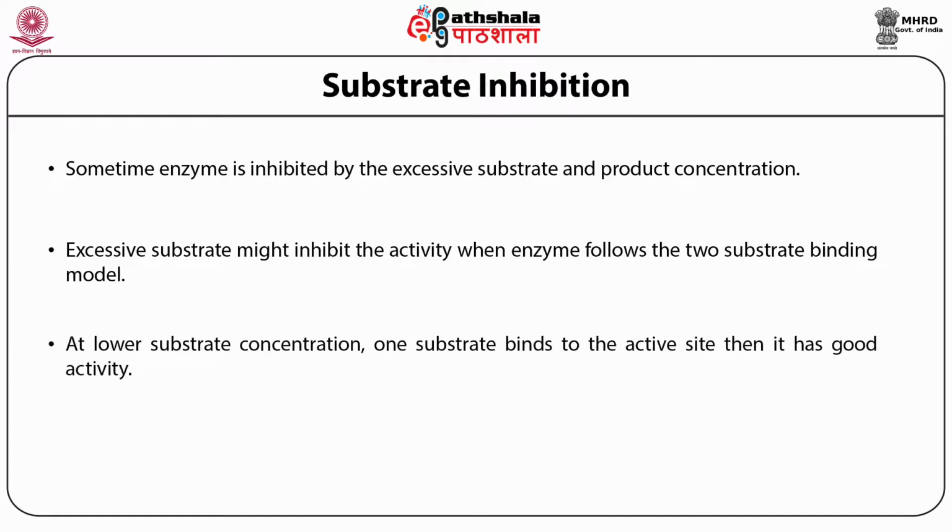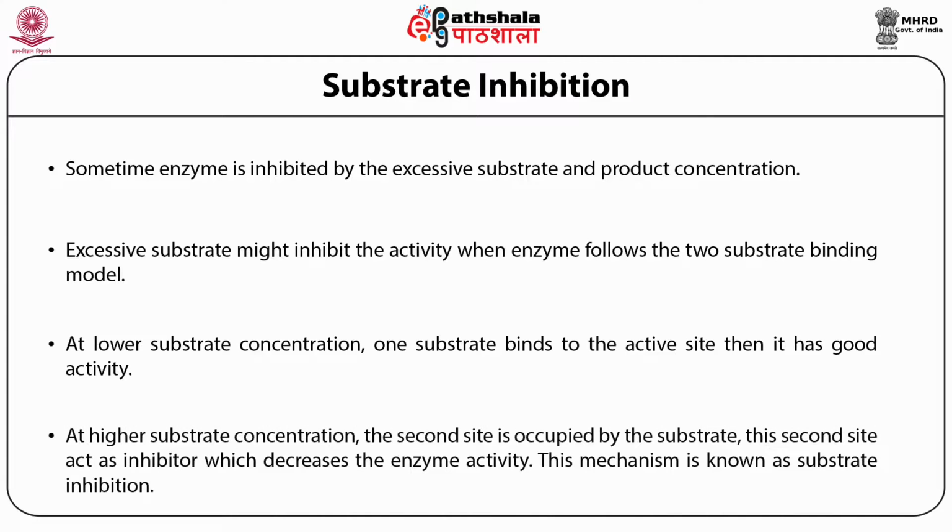At lower substrate concentration, one substrate binds to the active site and the enzyme has good activity, but at higher substrate concentration, the second site, which is designed for binding subsequent molecules, is occupied by the same substrate. This second site acts as an inhibitory site, which decreases the enzyme activity, and this mechanism is known as substrate inhibition. Although this is a rarely occurring inhibition, it is very interesting to know that substrate can act as an inhibitor.